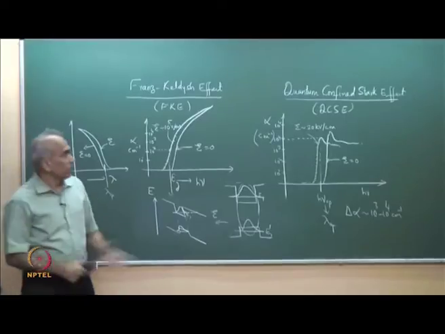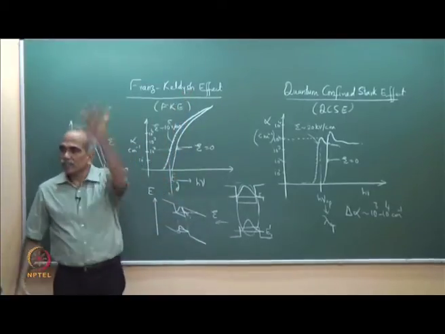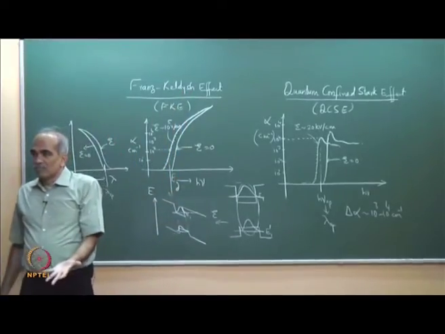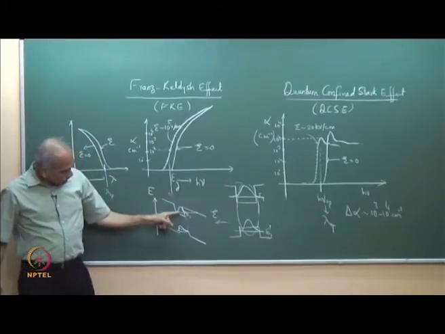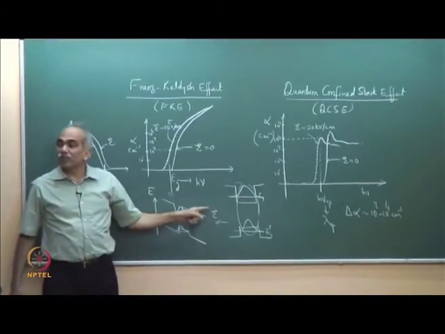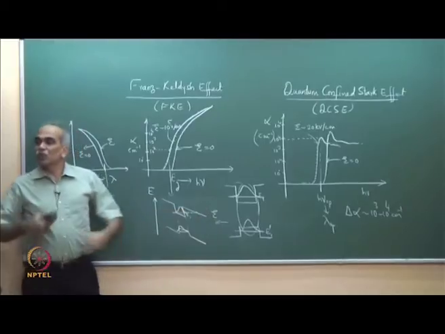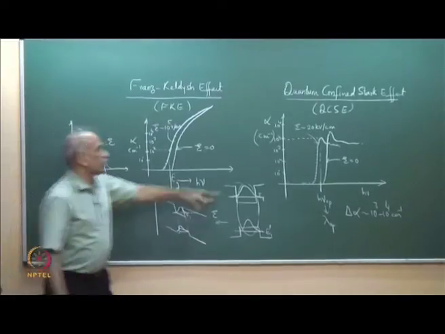It is just like increasing the temperature, the excitonic peak goes down. Because the electron now has a probability to tunnel, the dissociation probability increases.